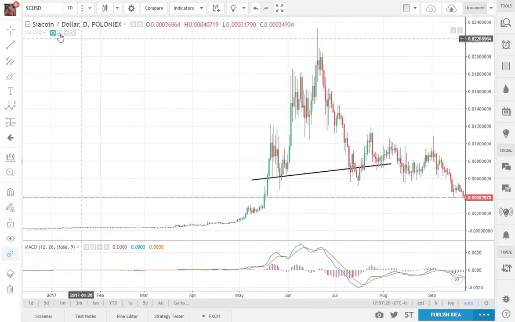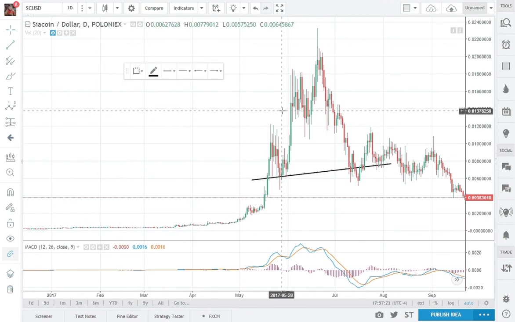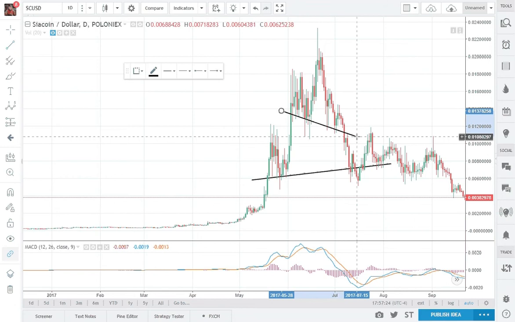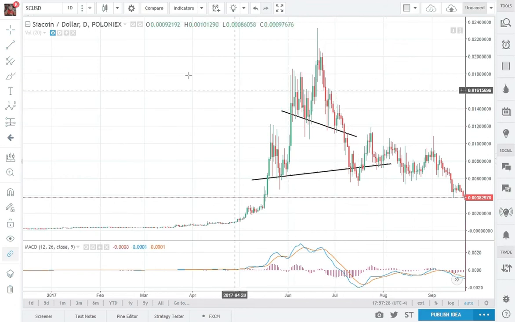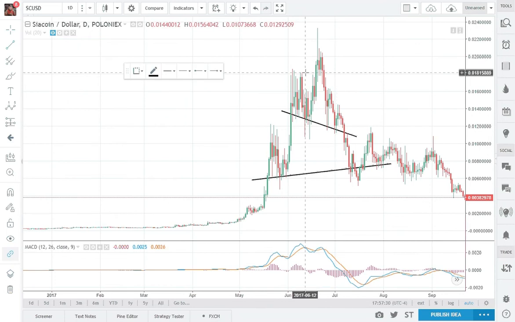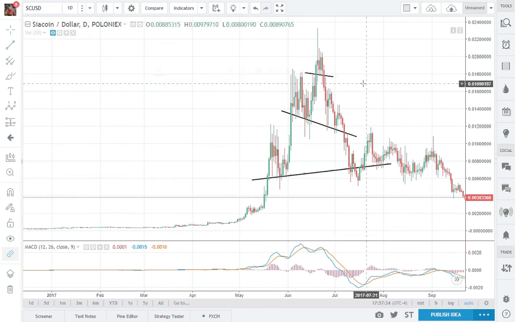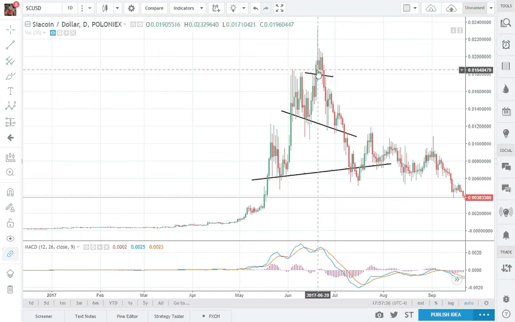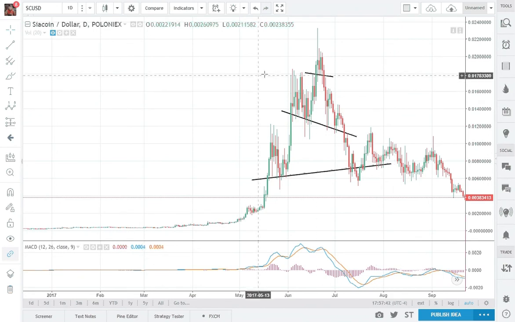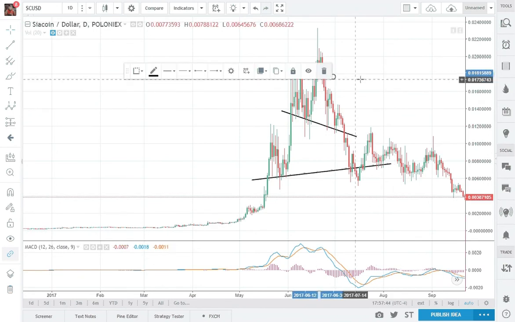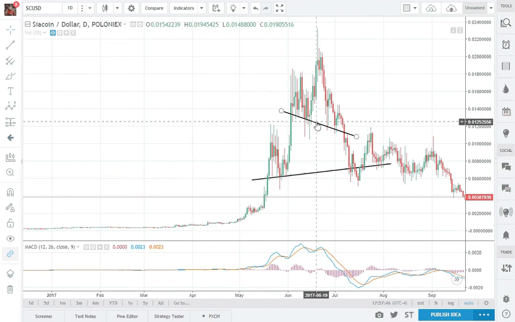Not only that, this itself has an embedded HNS right above it. Talk about a stacked head and shoulders: left, right, left, head and right shoulder. So I don't know if it can get any more bearish than that.